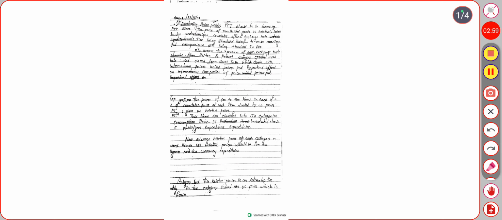So there is a huge disparity because the exchange rate or the conversion of the amount is not the same: $1 is equal to 80 rupees.